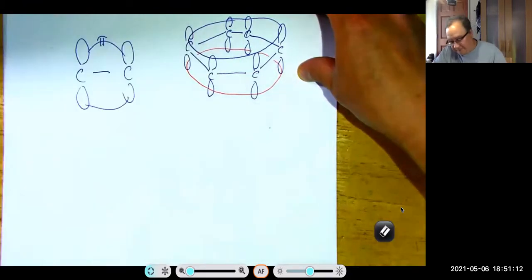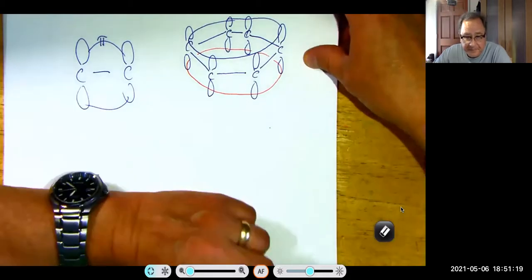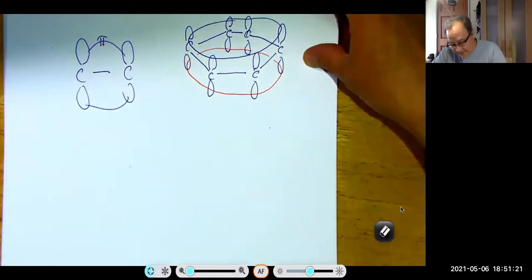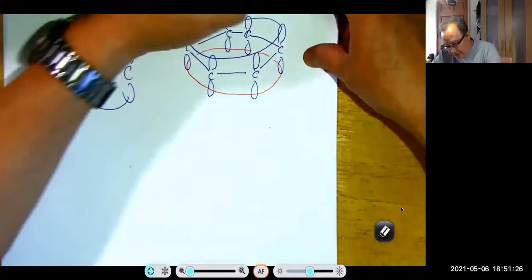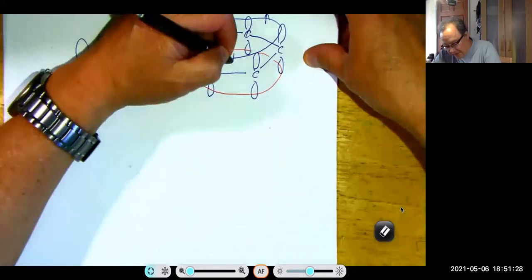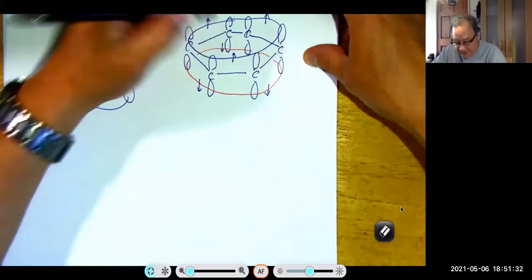They overlap. And are there 6 electrons on each side? No, 6 electrons total. So you can almost think of it as 1 electron here, 1 here, 1 here, and then down here, 1, 1, and 1, kind of opposite of each other.